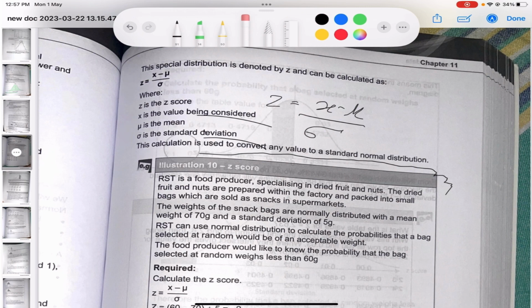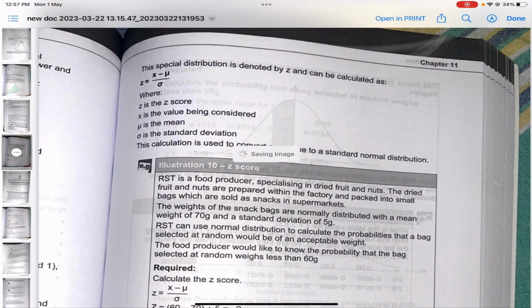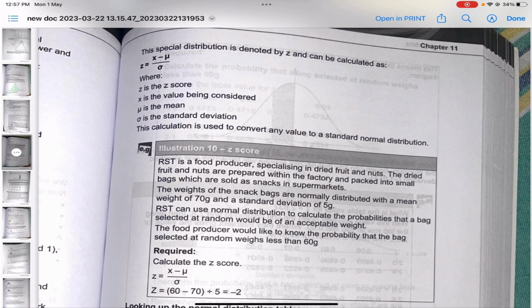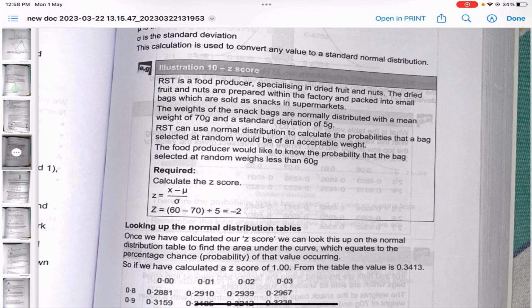My formula of z-score is x, which is the value given, minus mean divided by the standard deviation. By doing this, I get my value of the z-score. So we will be using this to convert any value into a standard normal distribution. Whenever I am supposed to convert my normal given data into standard normal distribution, then I will be using the z-score.